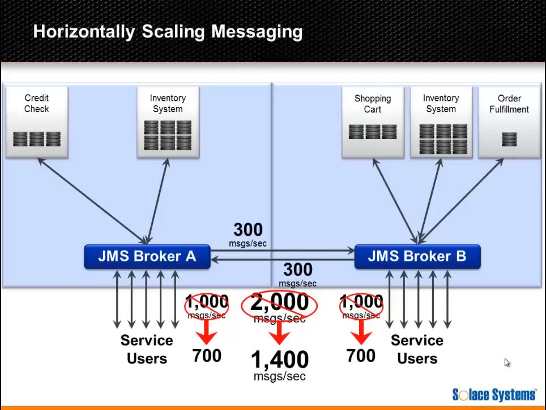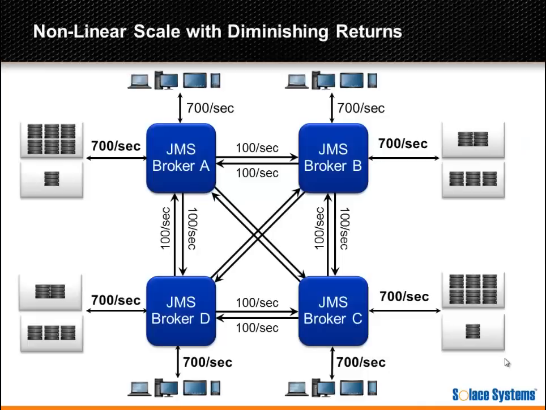The result is that the combined input rate of the system from external users is not really 2,000 messages per second, but only 1,400 messages per second. And that means that 2 times the amount of messaging infrastructure only provides 1.4 times increase in total external capacity. And this is due to inter-messaging broker traffic, or leakage.